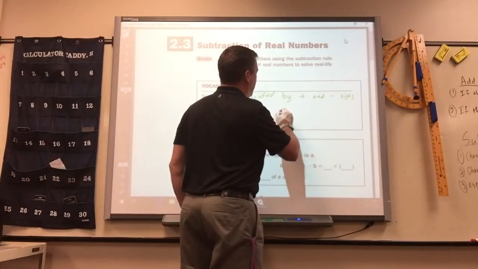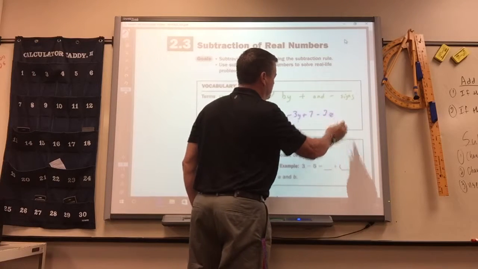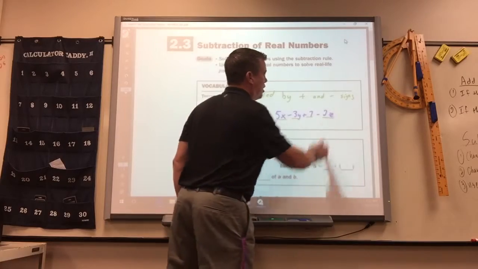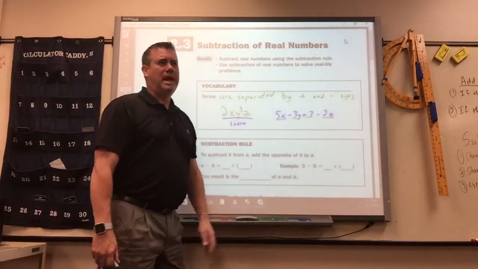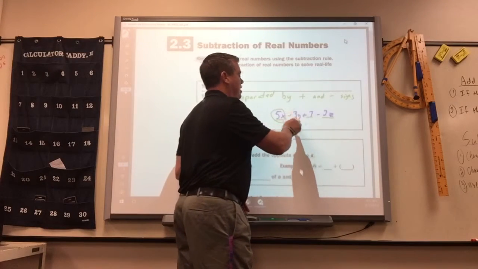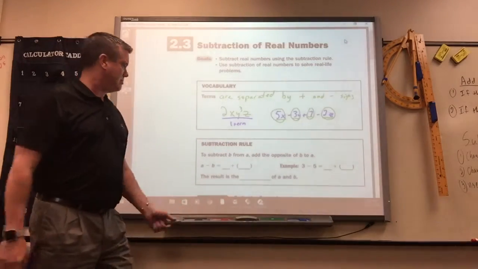If you had 5x minus 3y plus 7 take away 2 z's. 1, 2, 3, 4. 4 terms. They're all separated by add, subtract. Right. So anytime you have terms, they're separated by the add and subtract signs.